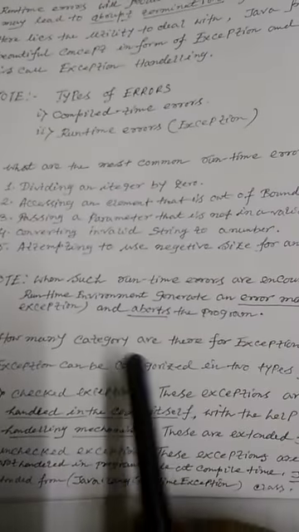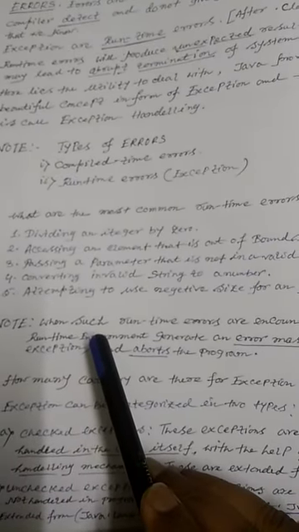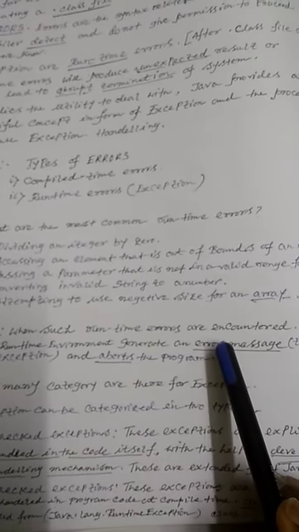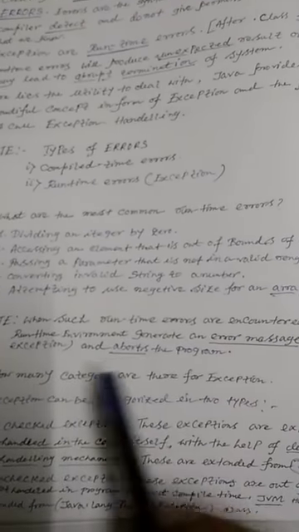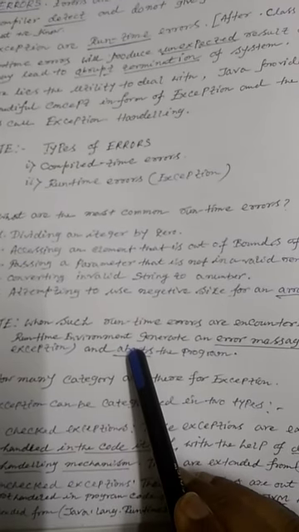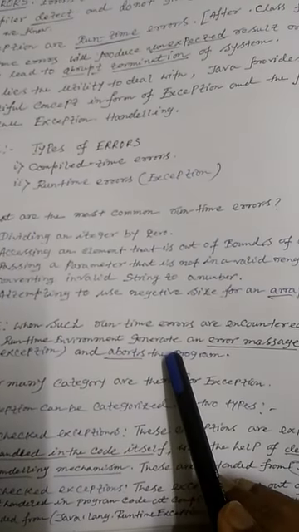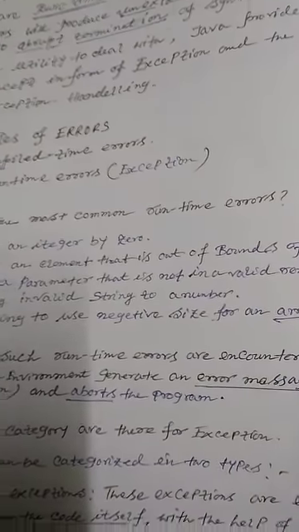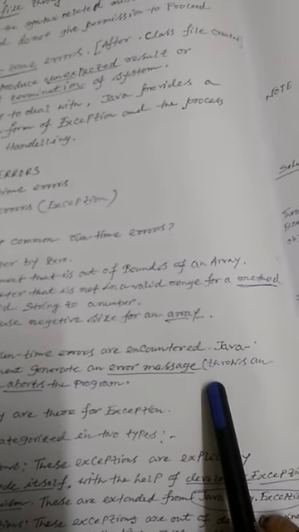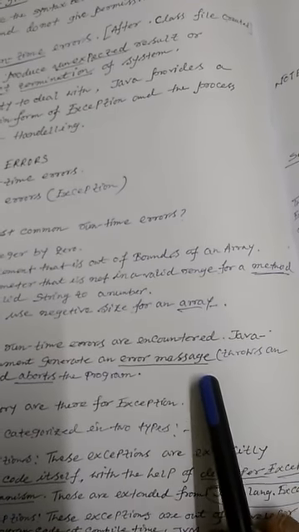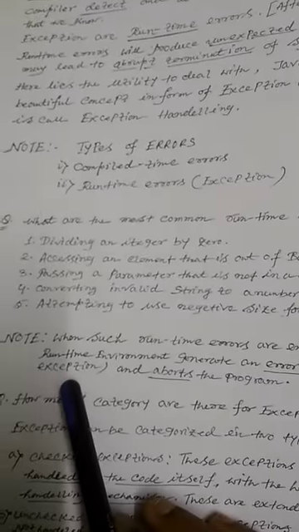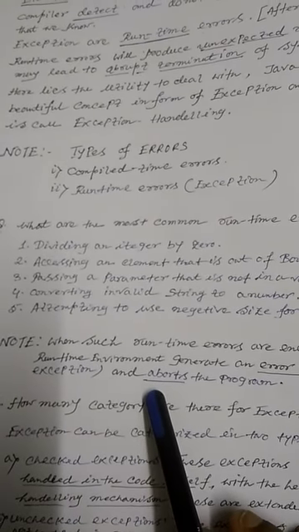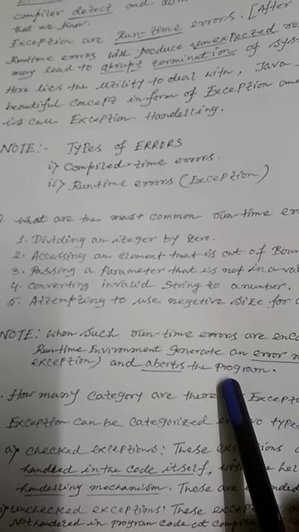So to deal with this, what do we have to do? When such runtime errors are encountered, the runtime environment generates an error message, throws an exception and aborts the program.